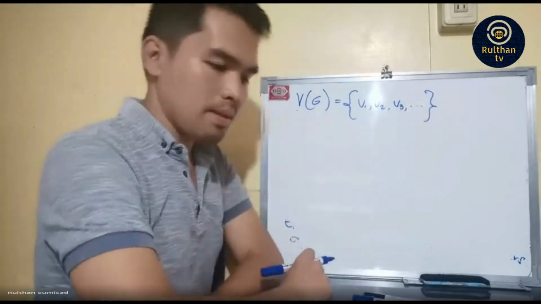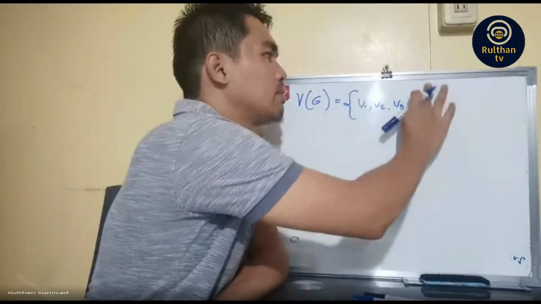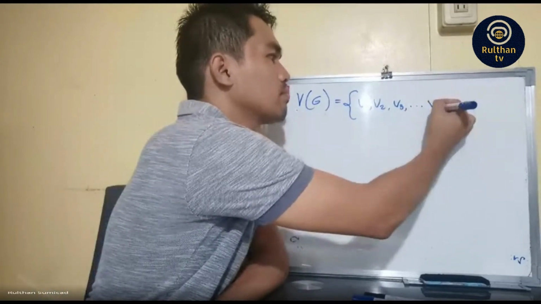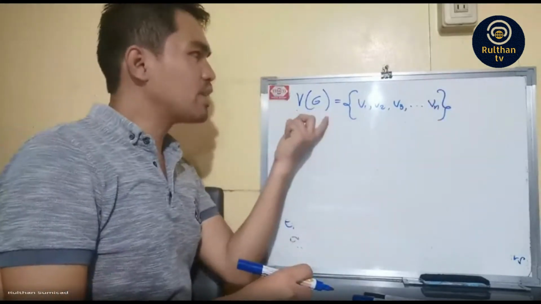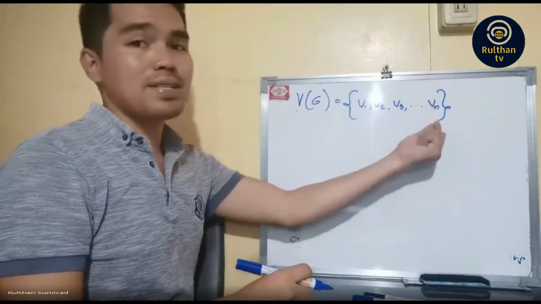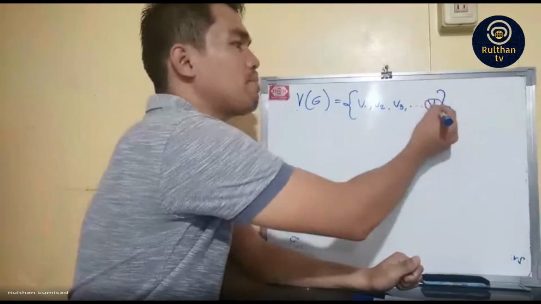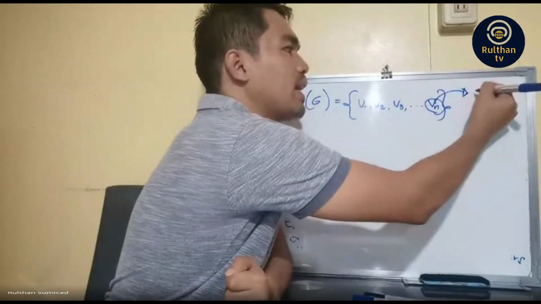Sorry, that should end with V sub n. So V of G is a set containing V sub 1, V sub 2, V sub 3, until V sub n. You notice there is V sub n here towards the end because we defined earlier that it's finite.